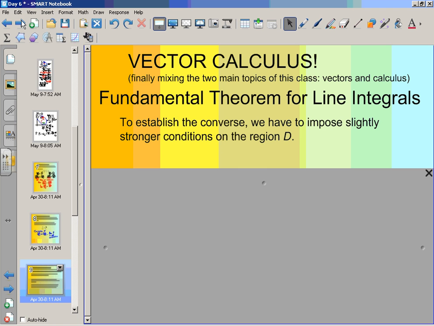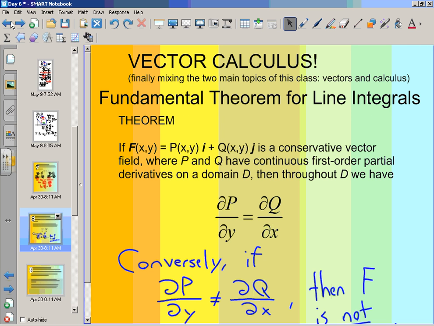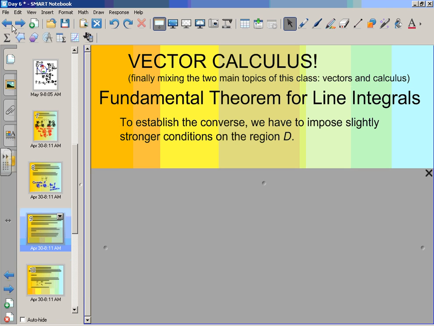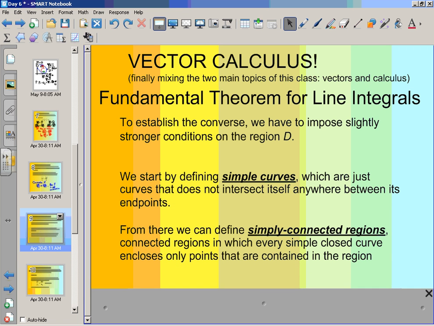Here we just said that D was a domain. I think we're mostly concerned with open regions, but in order to define the converse, we have to say that D is simply connected.